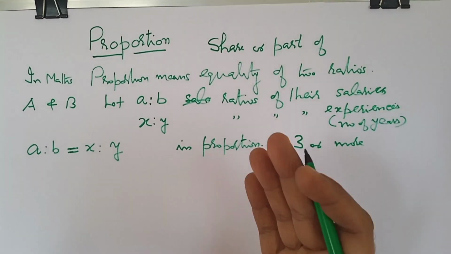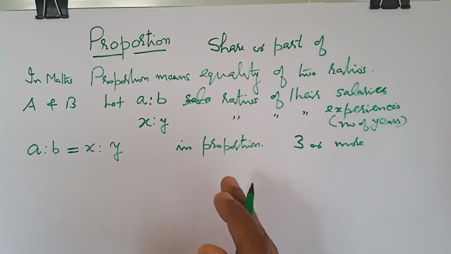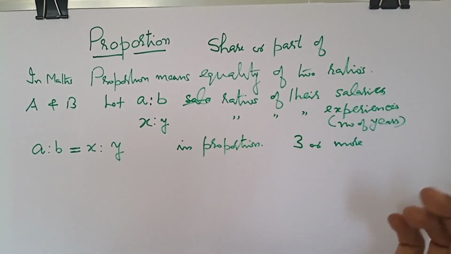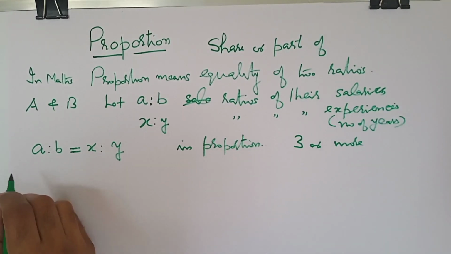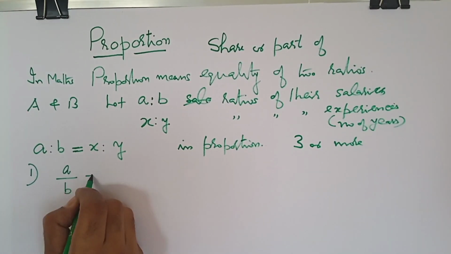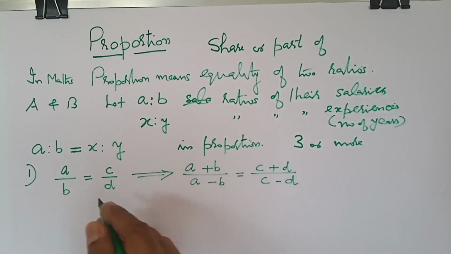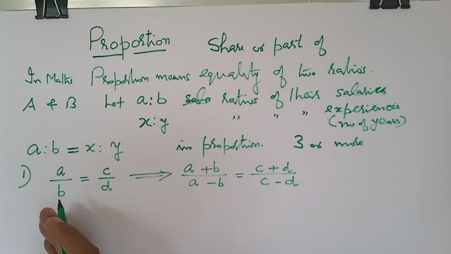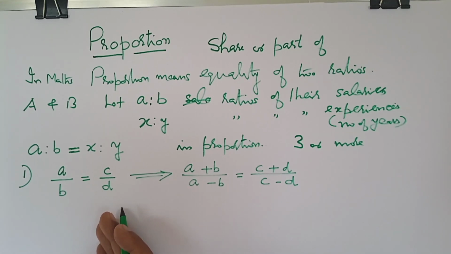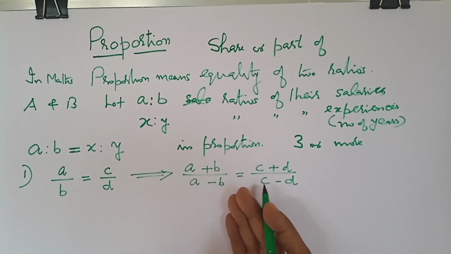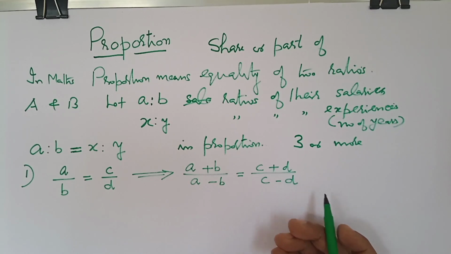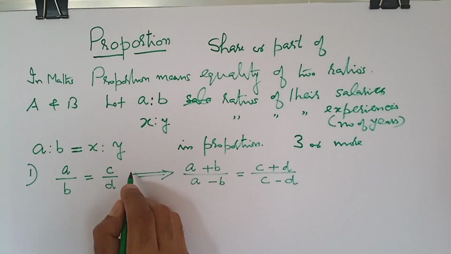There are a couple of results in proportion which are very useful in tackling problems. Let me list them one by one. This is the first result. That means if A by B equal to C by D, then A plus B by A minus B equal to C plus D by C minus D. The reverse is also true.